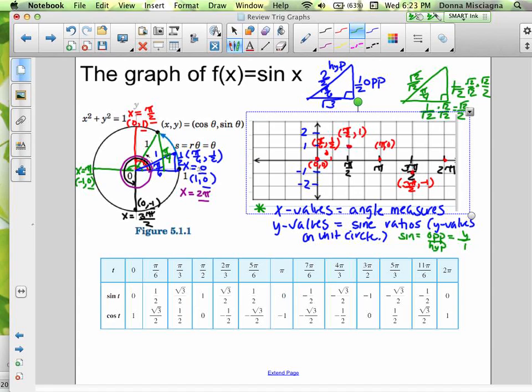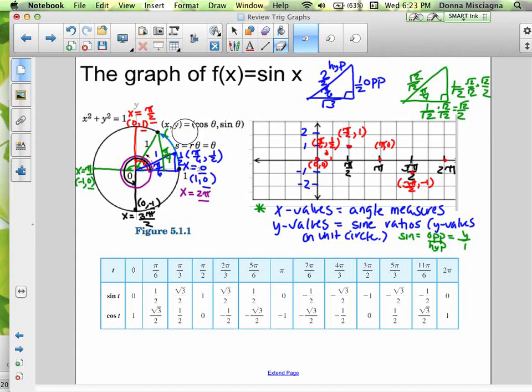Cosine and sine are exactly the same on the 45-degree angle. So we won't talk at all about the x value, the point on the grid. We'll just talk about what it's going to be over here, because we're not really worried about cosine. We'll deal with cosine later.